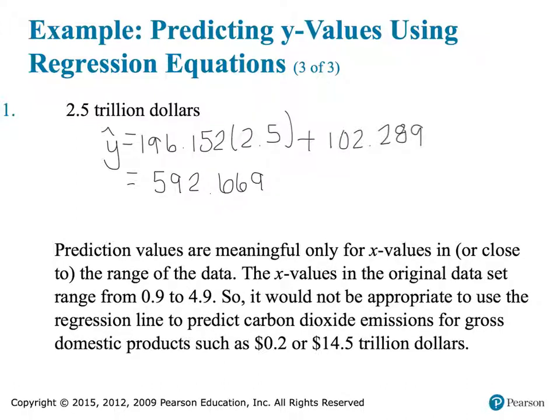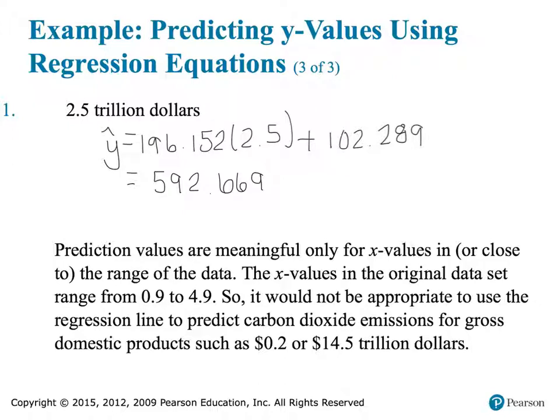592.669 million metric tons. So when the gross domestic product is $2.5 trillion, this model would predict the carbon dioxide emissions would be about 592.669 million metric tons.